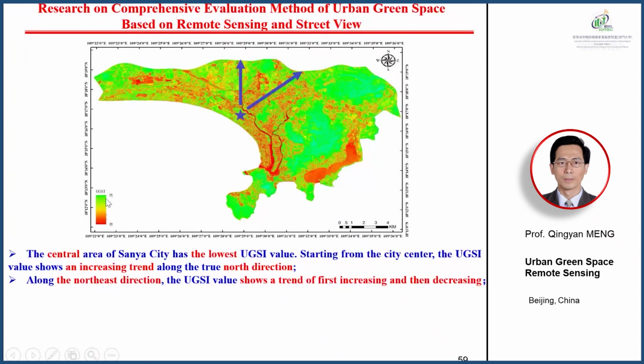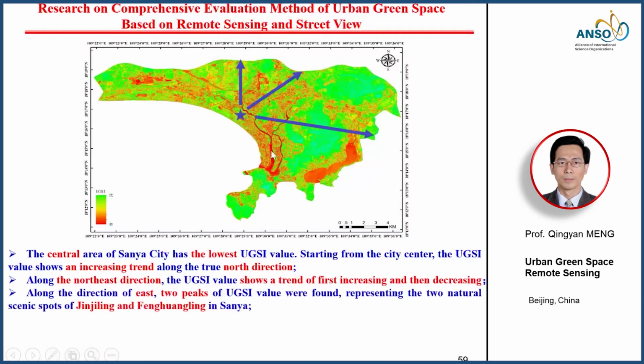Among the north direction, the UGSI value shows a trend of first decreasing, then increasing, and then decreasing. And among the direction of the east, 2 peaks of the UGSI were found.